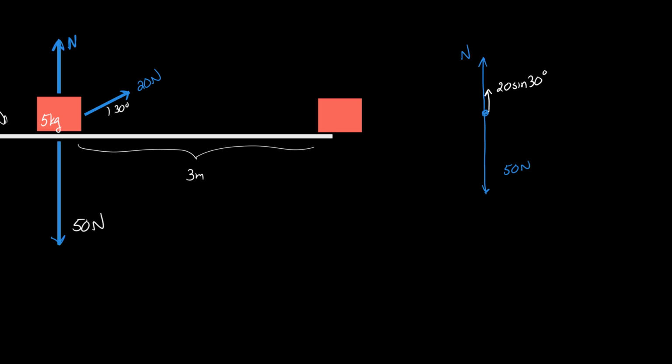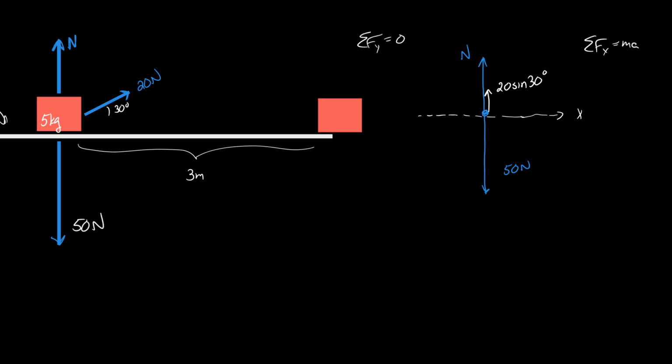Now, in the y direction, I think the net force equals 0. I don't think the box is going to go up or down or accelerate up or down. If I was drawing a coordinate system, I'd put my x direction to the right and say the net force in the x direction equals ma. But the net force in the y direction equals 0.